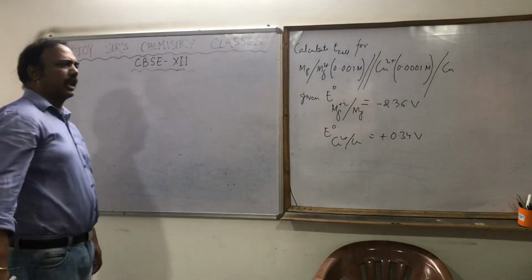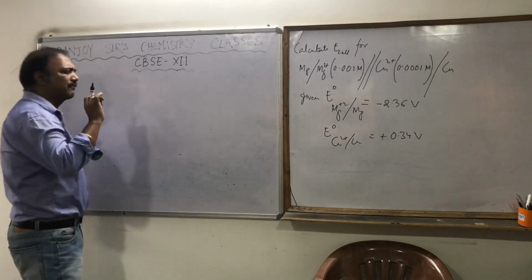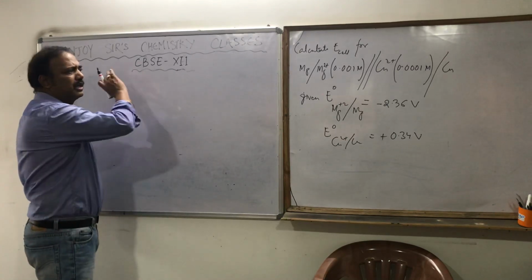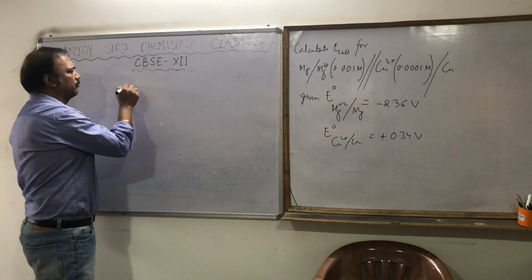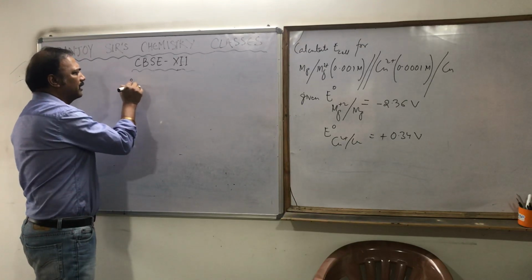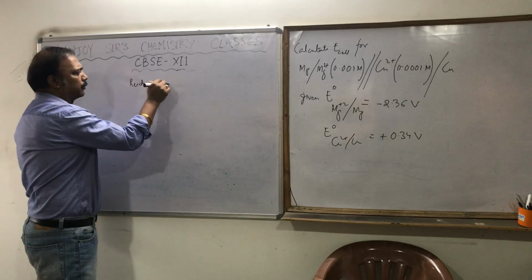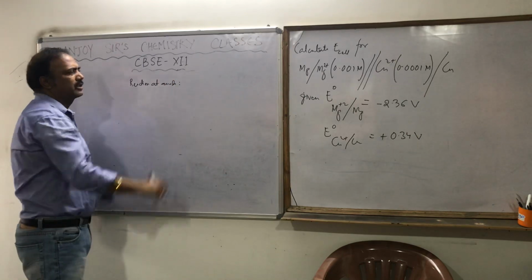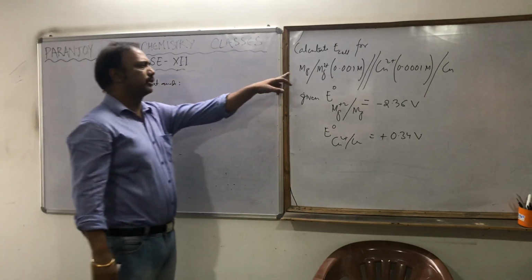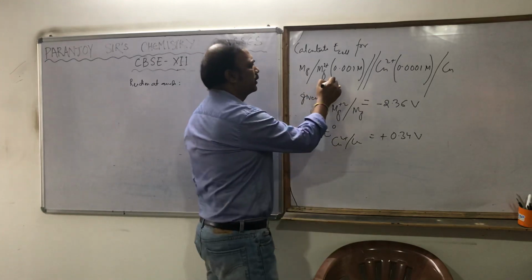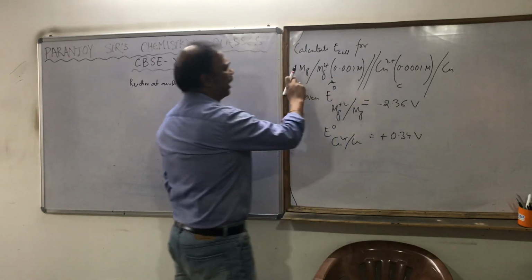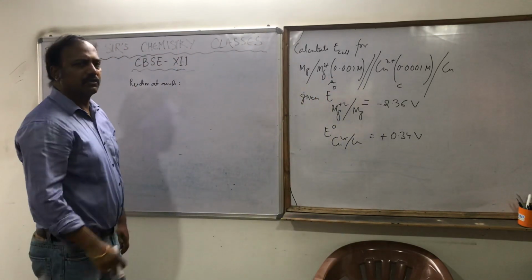So obviously you have to find out E cell. Now how to do that? It's very simple. You know the cell representation. These are the steps you are going to do. Reaction at anode: tell me, what is the reaction that is taking place at anode? Obviously this is anode and this is cathode, right? So Mg is converted into Mg2+.